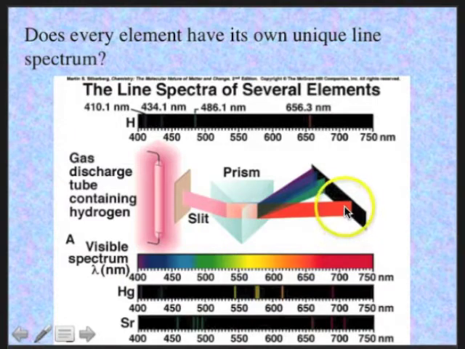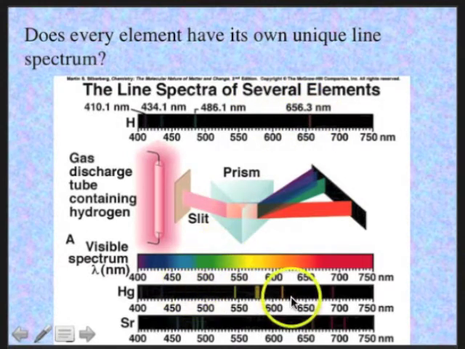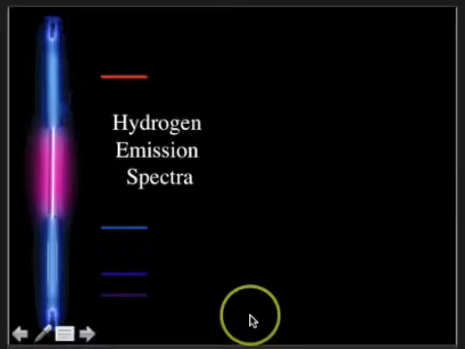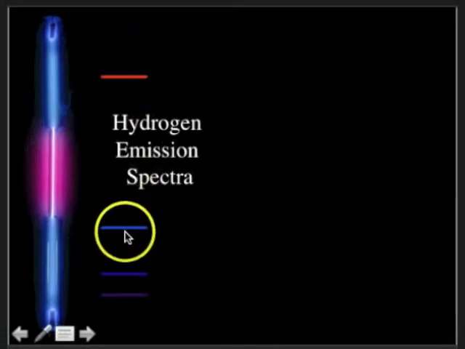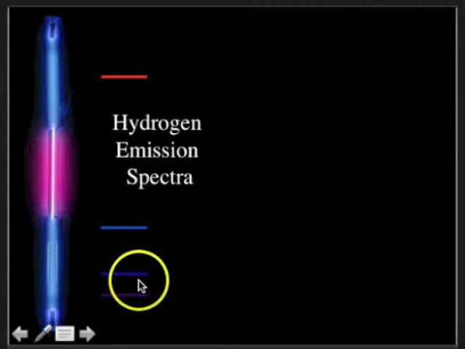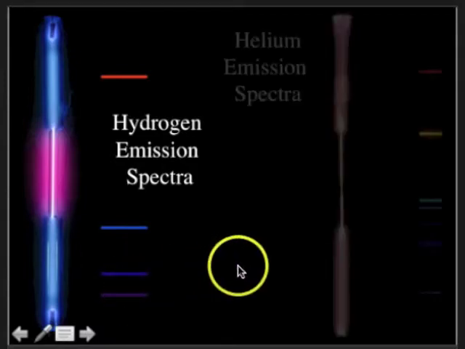Instead, we get certain bands of color called a line spectrum. And each element has its own unique line spectrum. Here's hydrogen's, here's mercury, here's strontium. So hydrogen has a red line, a blue line, a dark blue line, and a violet line.